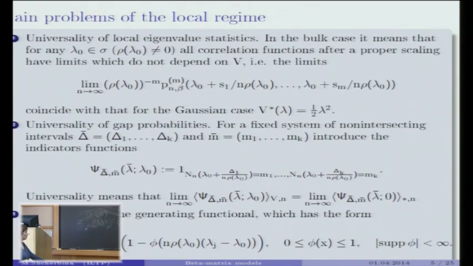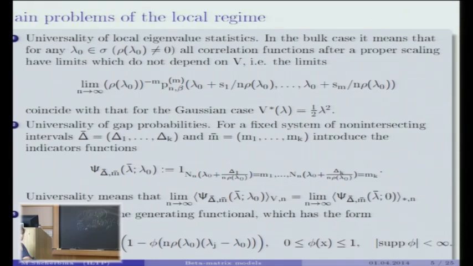I would also like to say that the result about universality is not new. The result about universality in this form is a little bit weaker than what is written here.